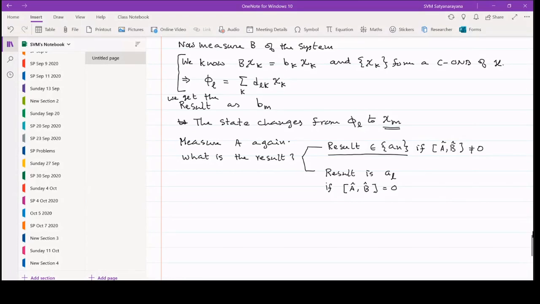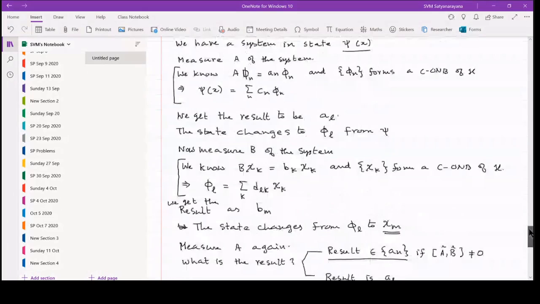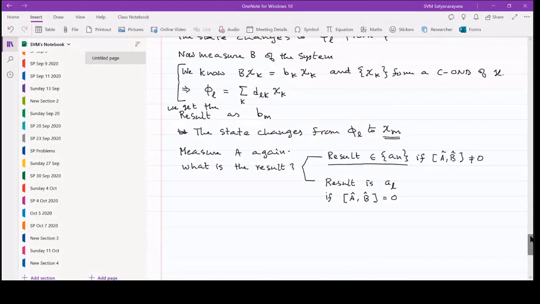Now, I think your question had another component. Let's say that we have psi of x. This is as far as I have understood. This is the state.